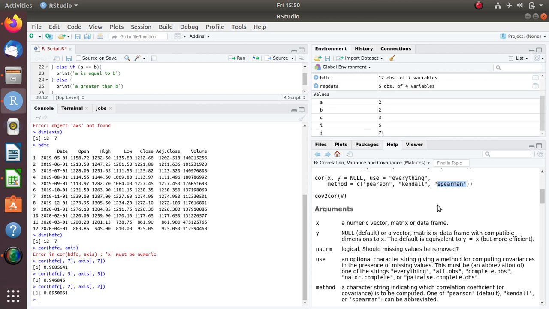Like if you have three different variables that explain satisfaction, you can perform correlation for all those three variables. If that data is ordinal, then you choose the method Spearman. If you have nominal data, then you have to go for the Kendall's tau. That's the best option.